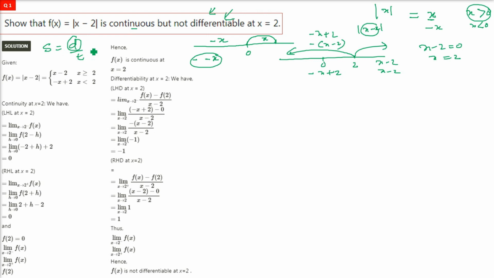So how the distance is changing with respect to time, or at a particular point, what is the instantaneous speed at that particular point, that is known by the tangent. The slope of the tangent is given by d by t at that particular instance. That is called the differentiation or the derivative, and if it is possible, it is called differentiability.